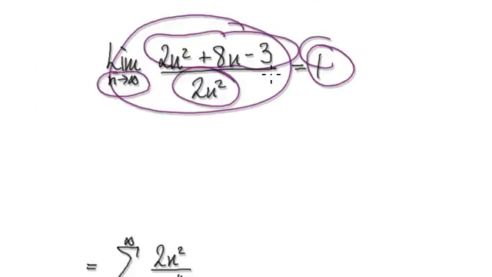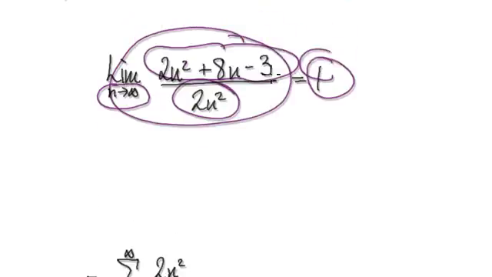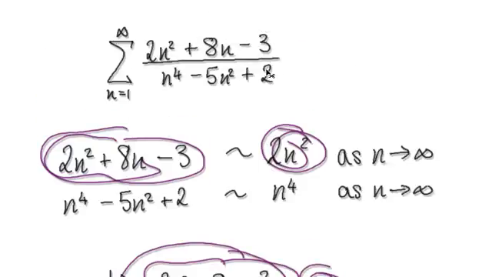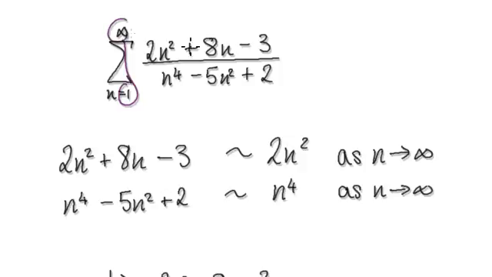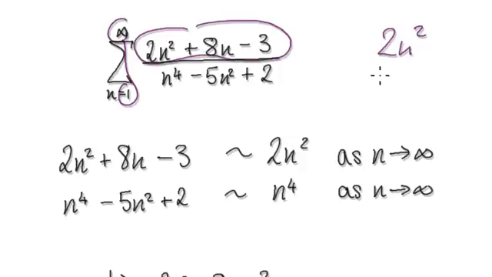The point is that you get given something complicated like this, but as n gets bigger and bigger, consider this thing here as 2 to the power of 2n to the power of 2 over this thing here, n to the power of 4.